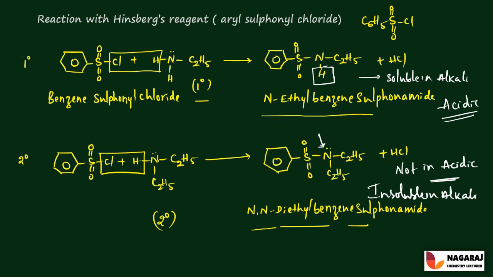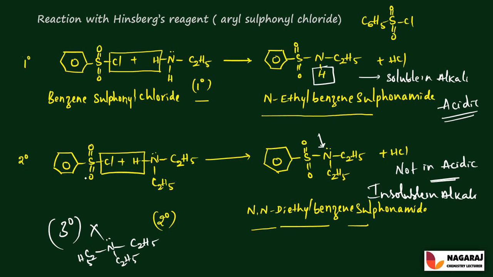And this Hinsberg reagent does not react with the tertiary amines. Why does it not react with the tertiary amines? Because in the tertiary amines there are no hydrogen atoms attached to the nitrogen. For example, let us take N with C2H5, C2H5 and one more C2H5, that is all 3 hydrogen atoms are replaced by the alkyl groups.